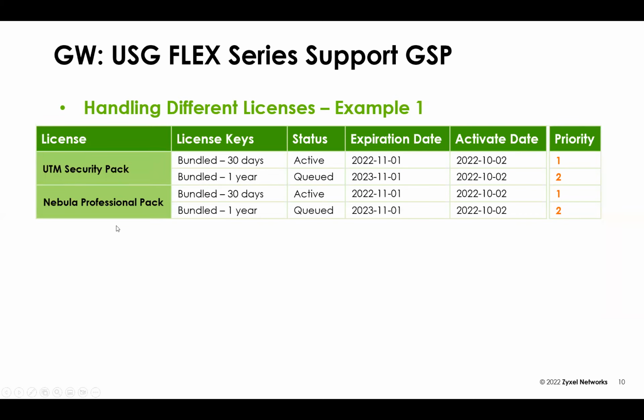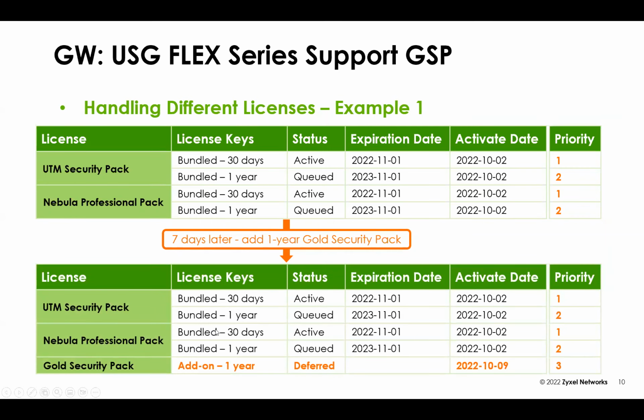Now, what ends up happening is you have your Nebula Professional Pack. But if we want to add a Gold Security Pack 7 days later, this is what ends up happening. So your 30-day bundled license for the trial will remain active because it's already in an active status and it has a priority of 1.